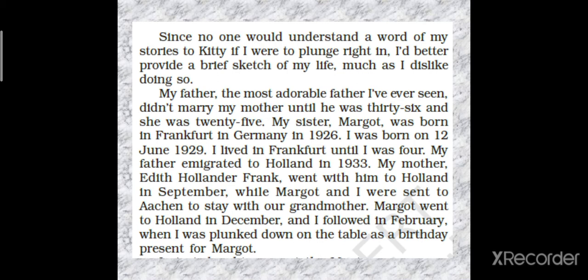So she says that I should give a direct introduction because Kitty is my friend, and if suddenly I started talking about everything, a new person needs some kind of introduction. Kitty is also a new friend, and if I directly start telling about my present life, Kitty won't be able to understand. And at the same time, if somebody reads it, those people also won't understand.